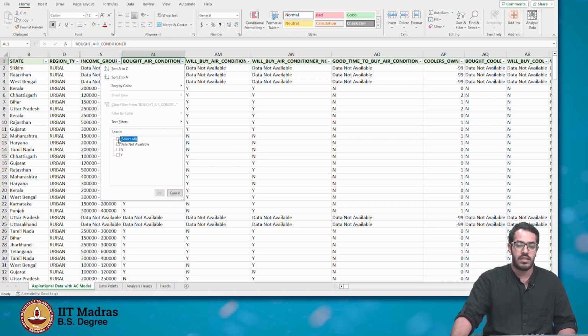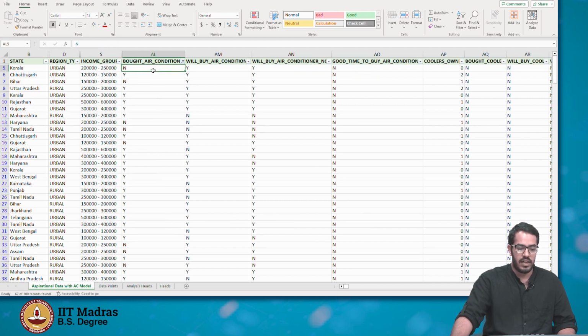We don't want everything selected because we don't want to take up the data points of the people whose data is not available. So we will unselect data not available and we will select no and yes, Y and N. And here we have the clean data of all the people who have responded, whether they already own an air conditioner or not.